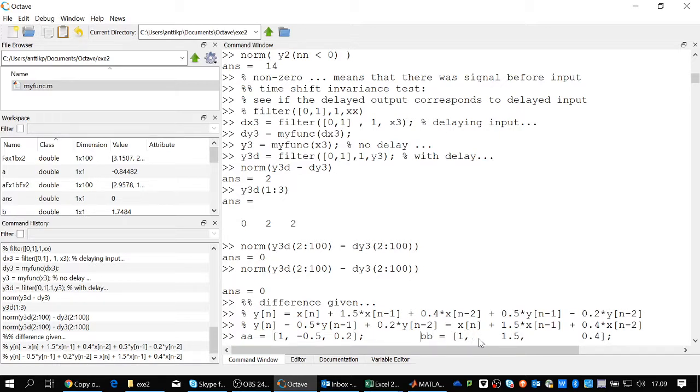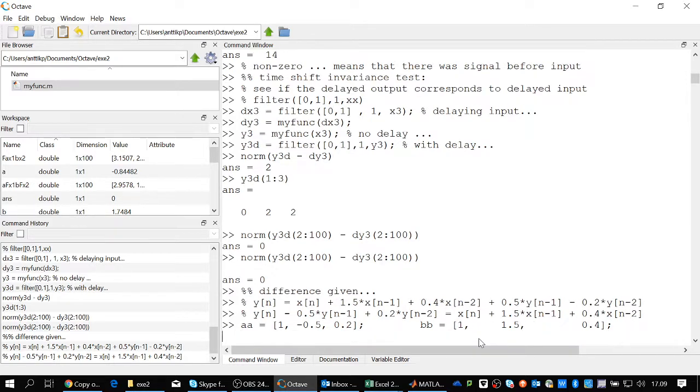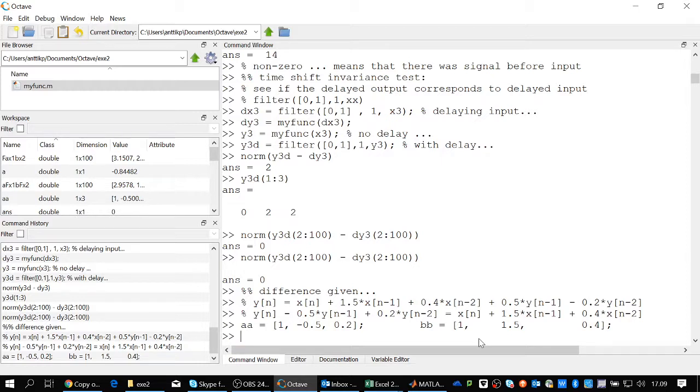So you just pick the corresponding terms from the difference equation, and that's it. Now we can use these coefficients, for example, to calculate the zeros and poles, which is done by the command zplane, BB, AA.